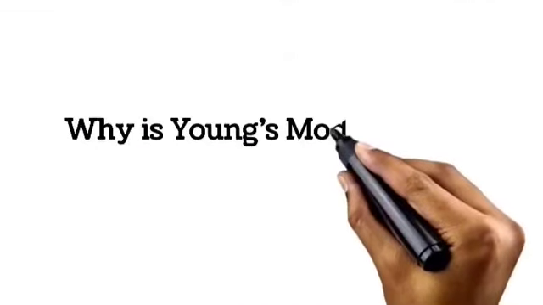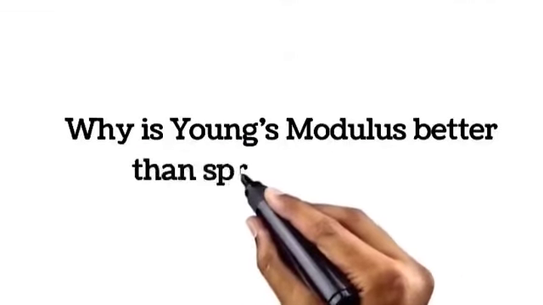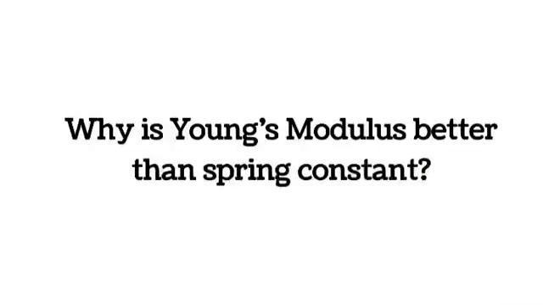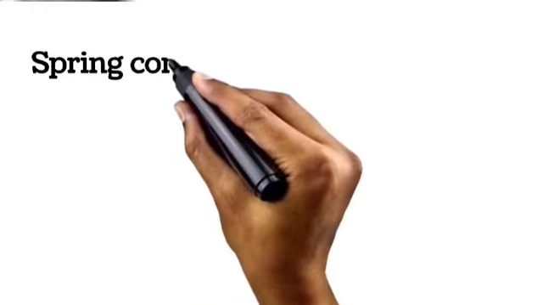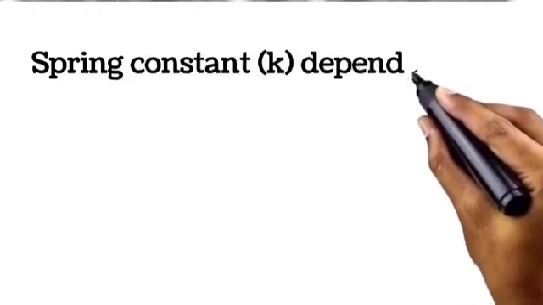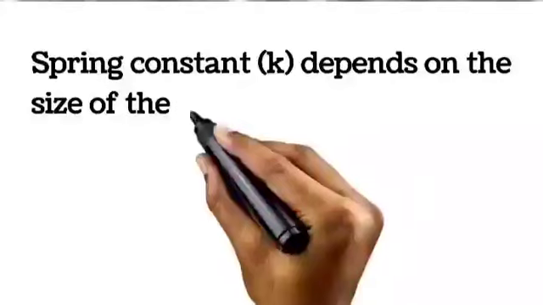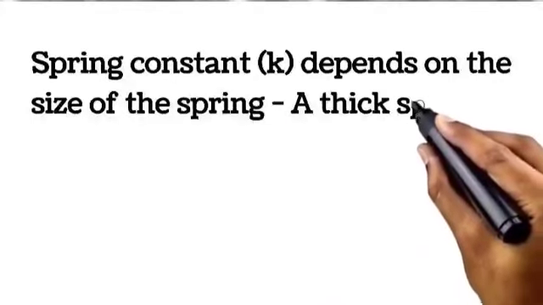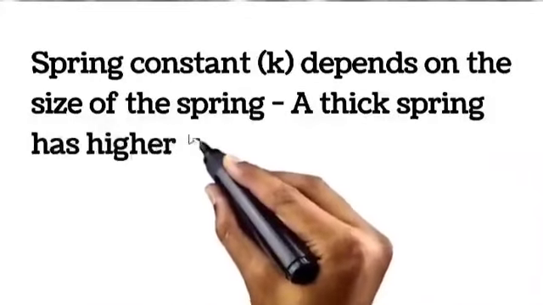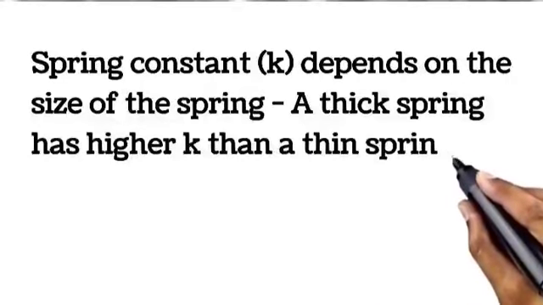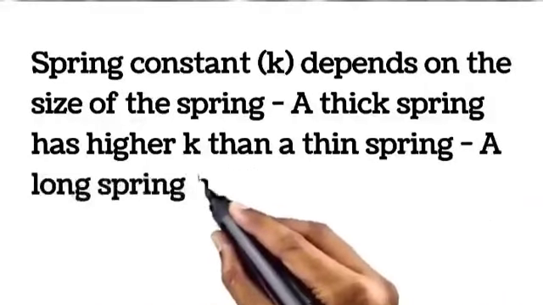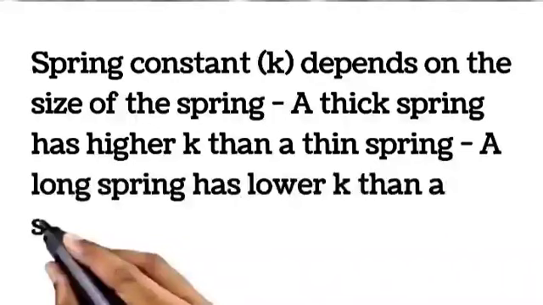Why is Young's modulus better than spring constant? Now, spring constant k depends on the size of the spring. That is, a thick spring has a higher spring constant than a thin spring. Also, a long spring has a lower spring constant than a short spring.